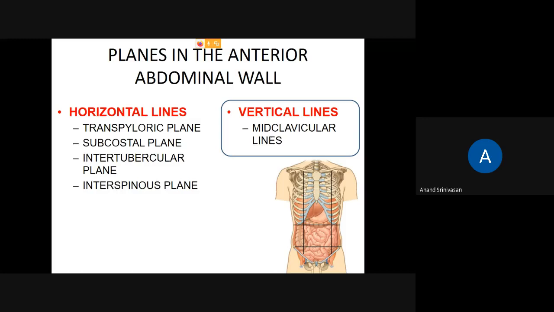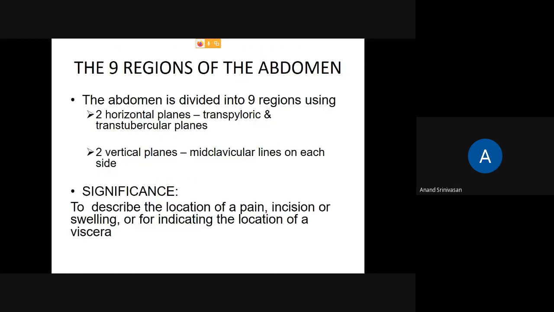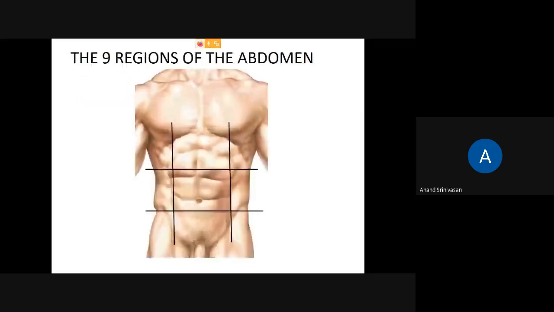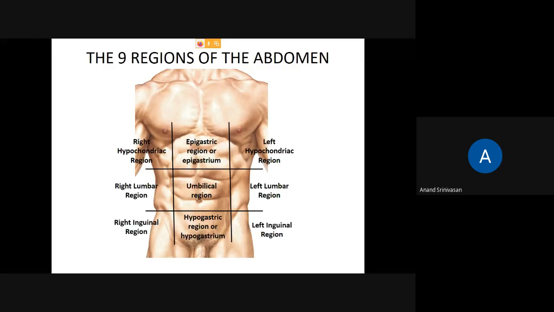But how do we say which organ is involved? For that we divide the abdomen into 9 regions, to identify the location of the pain, identify which organ is involved, and treat the patient. So these are the 9 regions and these are the names for each of them.